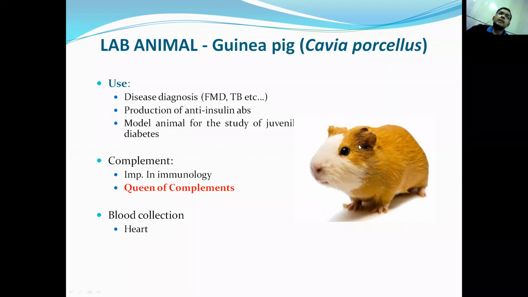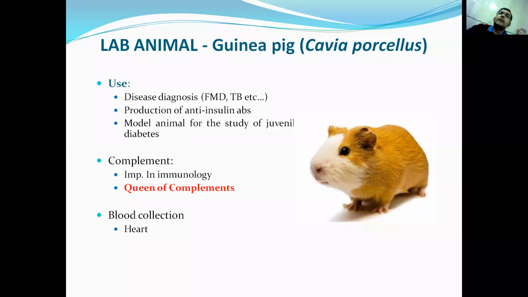In animals, it can also be used for disease diagnosis like FMD. In case of FMD, we need to inoculate virus in the foot pad, and the guinea pig has sufficient area in the foot pad. That's why it is considered an ideal model for the study of foot and mouth disease virus. It is also considered an ideal model for juvenile diabetes study in humans.